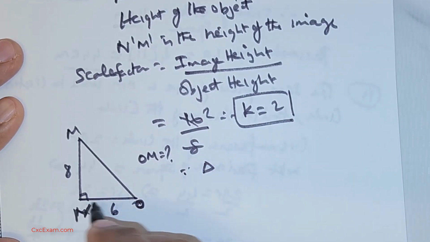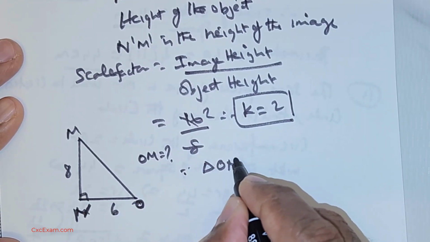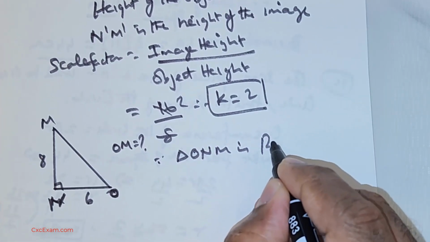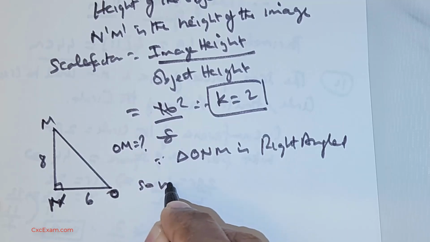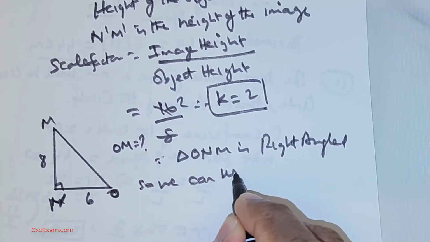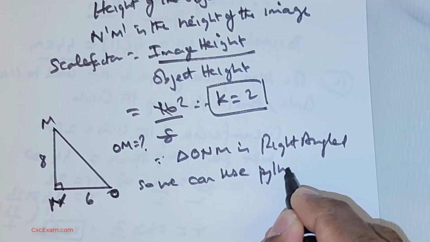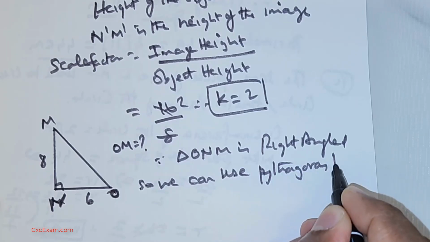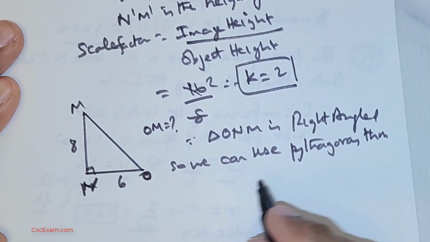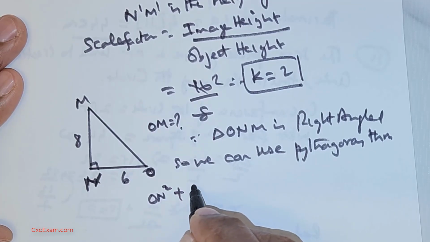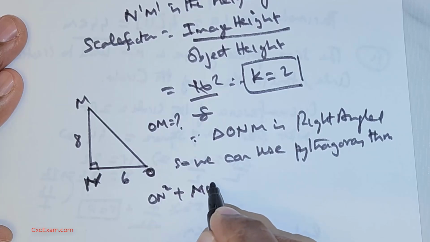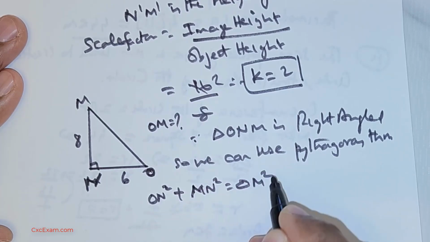Since this is 90 degrees, since triangle ONM is right angled, we can use Pythagoras theorem. So that means ON squared plus NM squared is equal to OM squared.